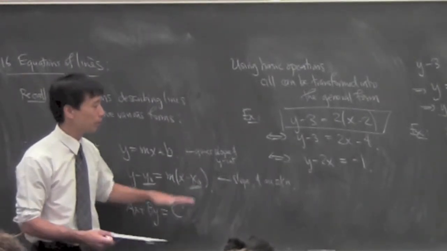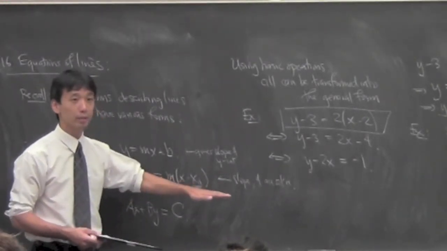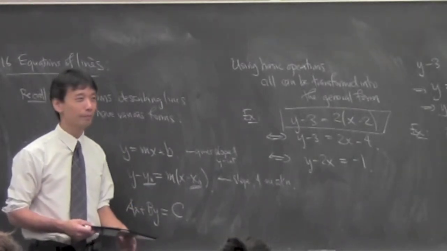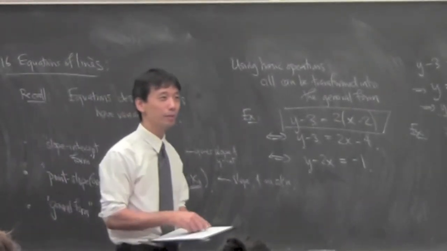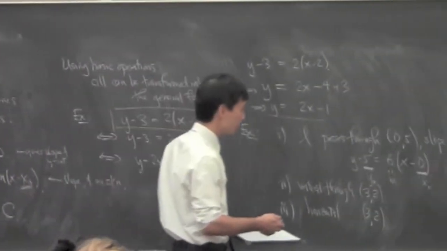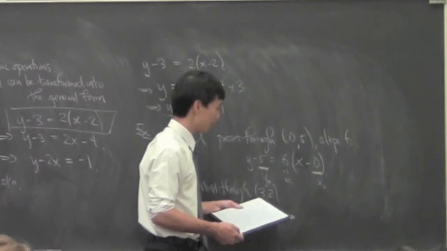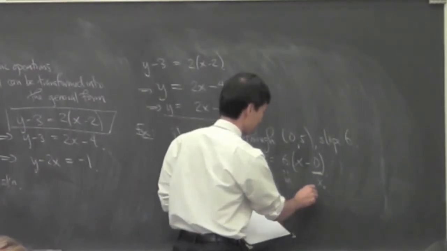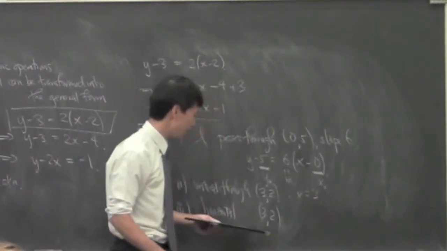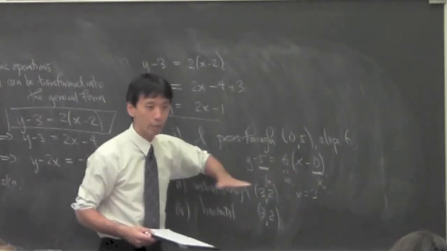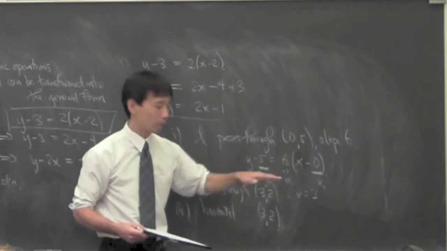Vertical passes through 3, 2, so what's the equation? X equals 2? X equals what? Oh, sorry, 3. X equals 3. And then horizontal, the y coordinate is fixed, y equals 2.